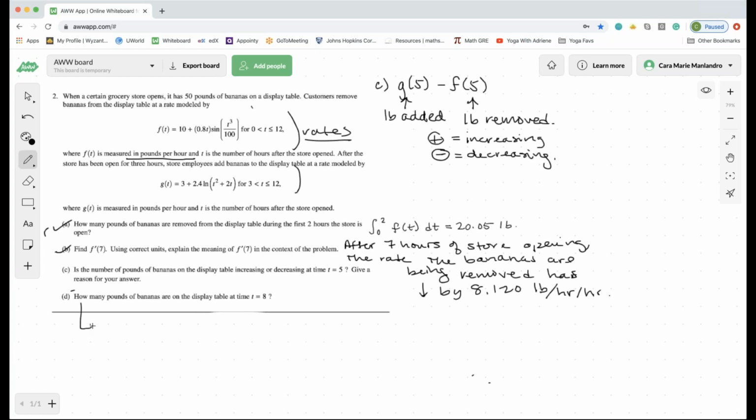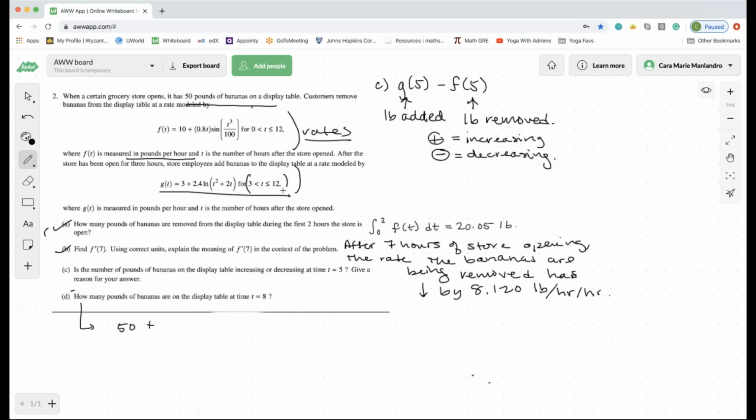So how many pounds of bananas? Well, we started with 50 pounds because they tell us that. And then we can add the rate at which we're adding them. So that would be this function. Everybody with me?